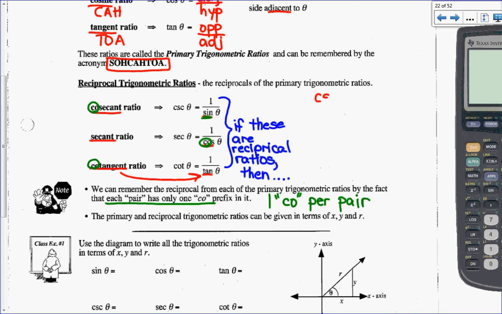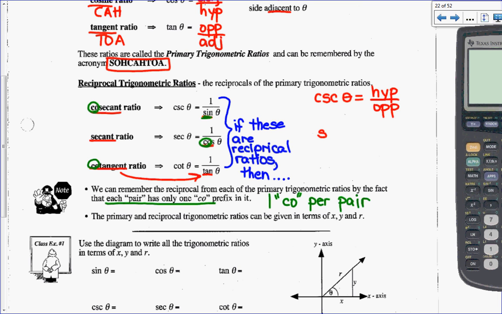Okay, so cosecant theta is the inverse of sine theta, and sine is opposite over hypotenuse, then cosecant is going to be hypotenuse over opposite, right? You just flip-flop them. Take the inverse of them.